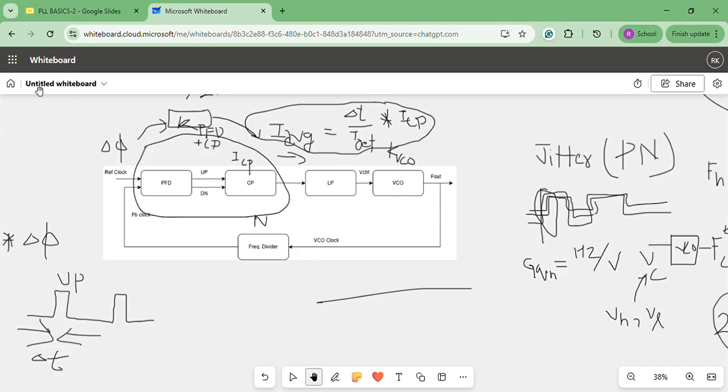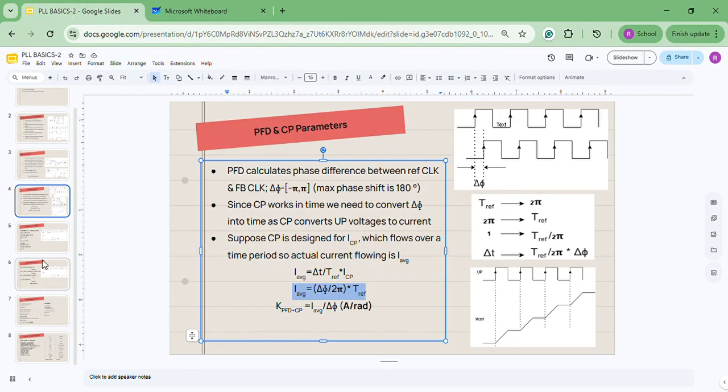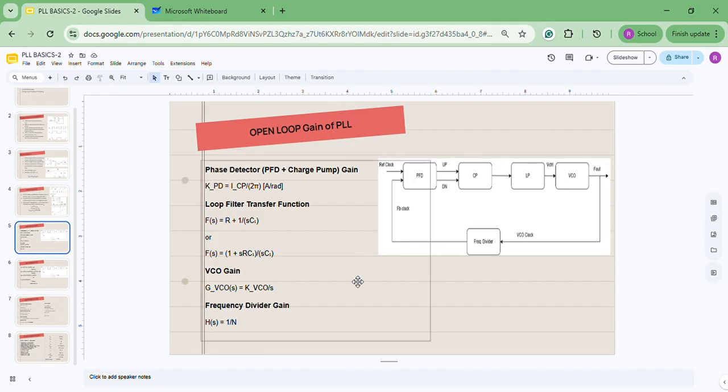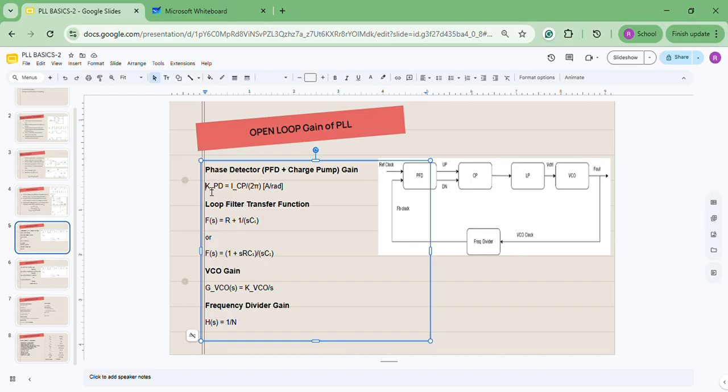To get from time domain to frequency domain, we do the Laplace transform, or in the S domain we can get it. The next slide focuses on the open loop transfer function of the PFD. As we have discussed, the charge pump plus PFD has I charge pump by 2 pi as a design parameter, which we have already derived.